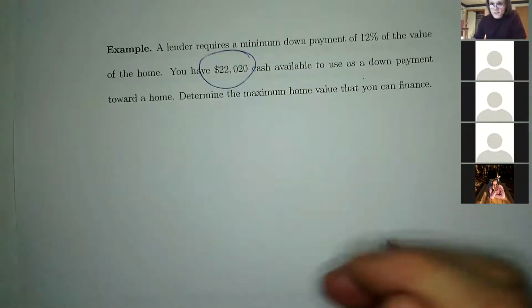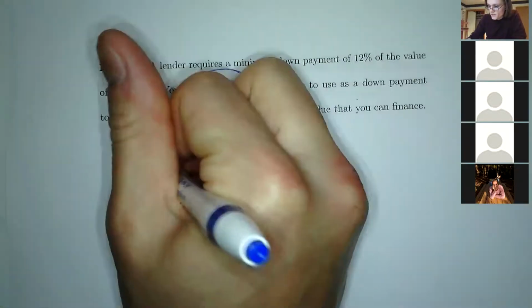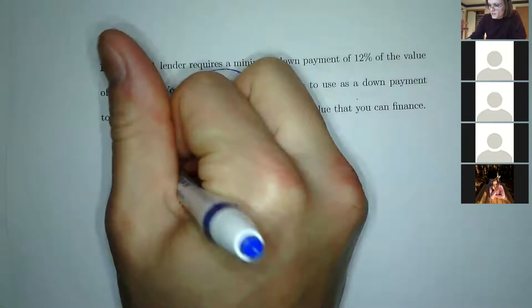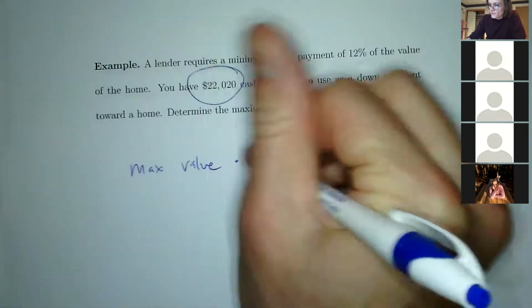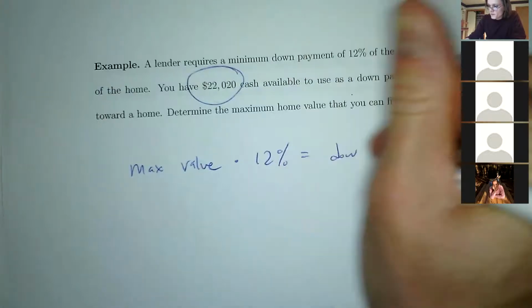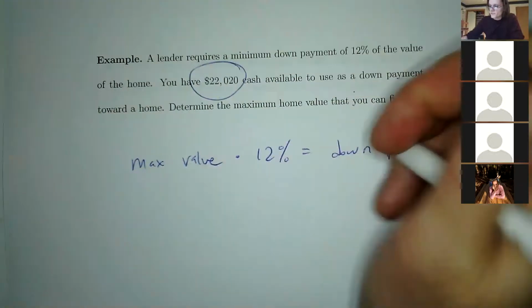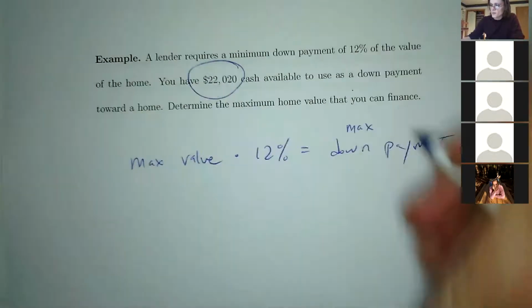And so I'll write it out in this equation. It might be easier to see. So maximum value, max value times 12%, I'm going to assume is my down payment. Right. And maybe I'll say maximum down payment.